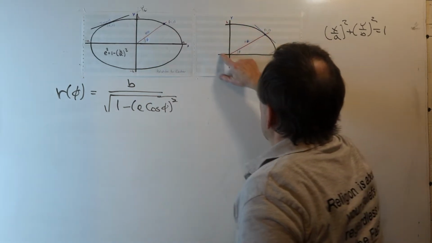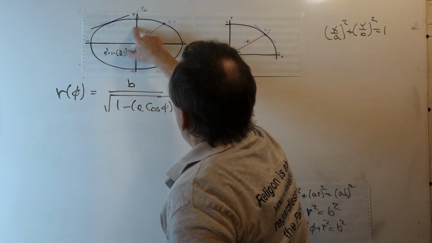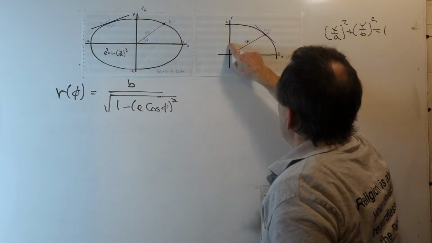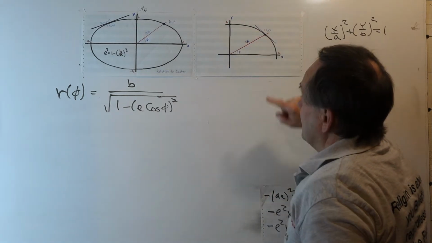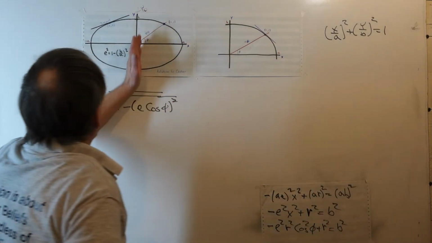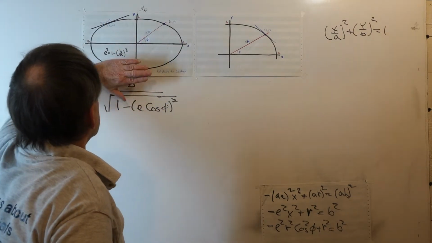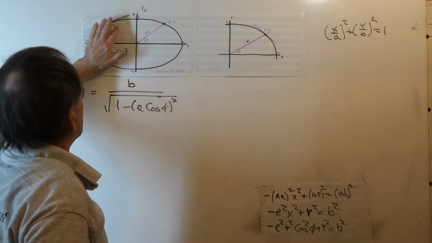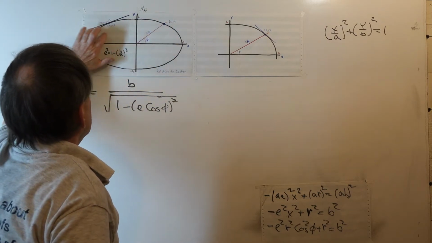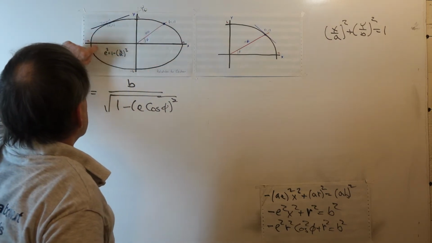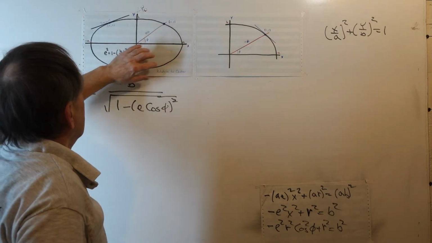And this is just an expanded view of a quarter section, or the one quadrant. An ellipse is symmetric about both axes. You could flip this side over and it'll match this side. We could flip up and down and they will match. So each quadrant has the same description.